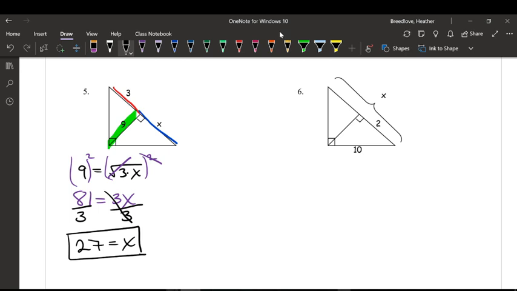All right. Next example, number 6. Now this is a lot of the same kind of examples, but it's worth going through them. So there's one piece, and then what touches the corner where they meet? I need 2, so I need the green one also. So this becomes 10 equals the square root of 2x.